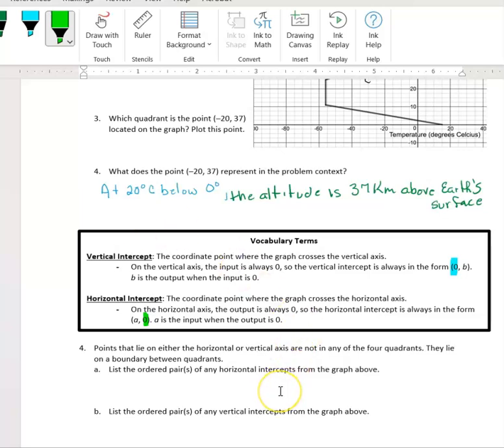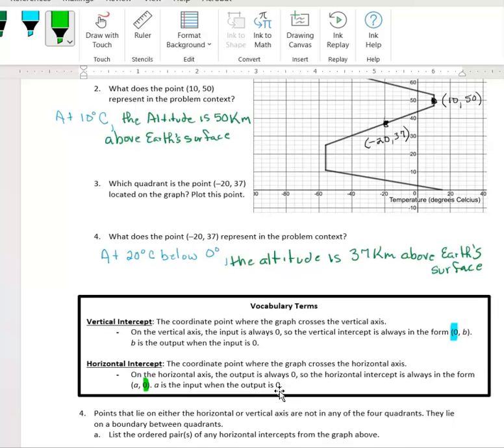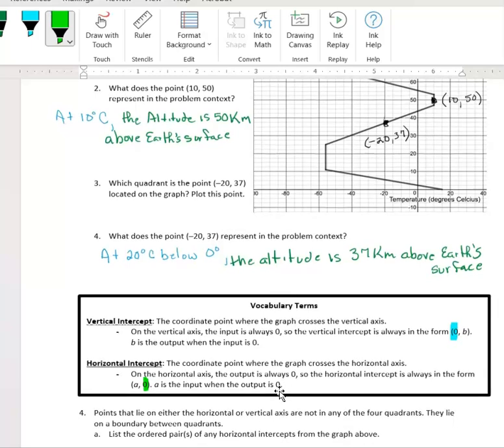We want to list the ordered pairs from the graph above that are on the horizontal intercept. So we're going to look for anything that has some input value and an output value of 0. This is a horizontal intercept.